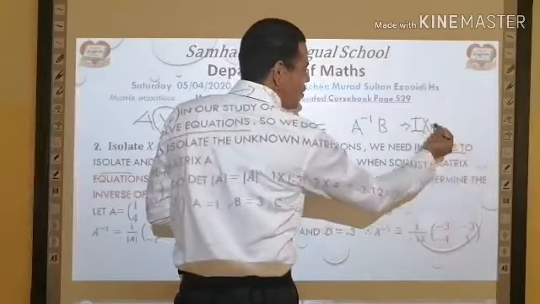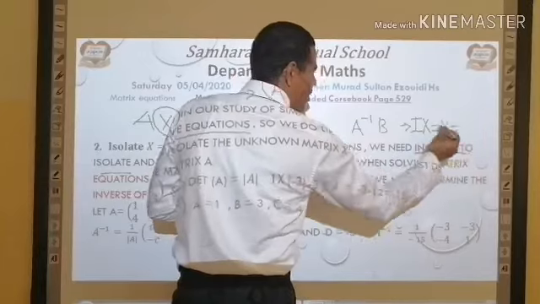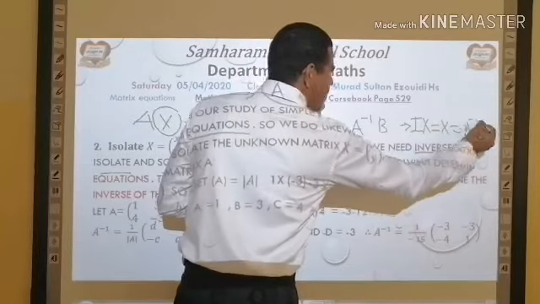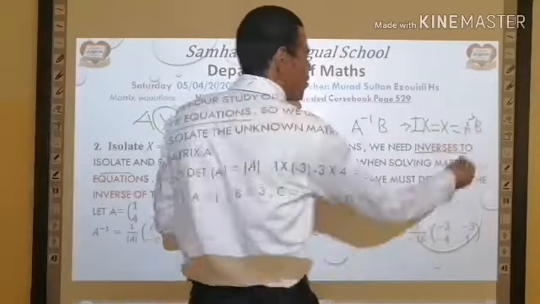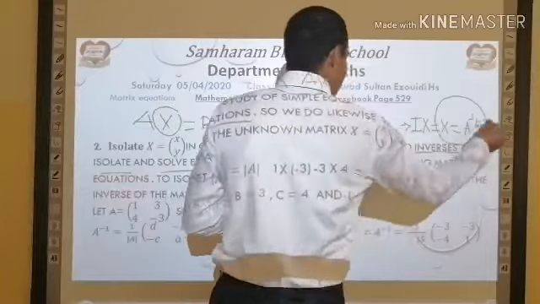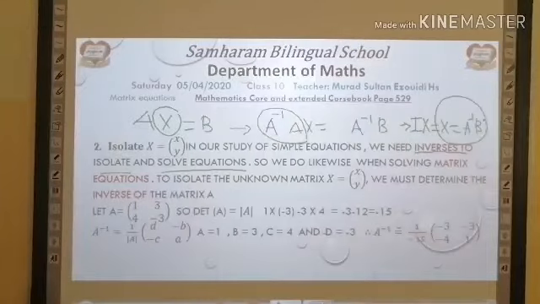IX is in fact equal to X, which equals A negative 1 multiplied by B. This is the solution of your matrix equation or of your simultaneous equations.